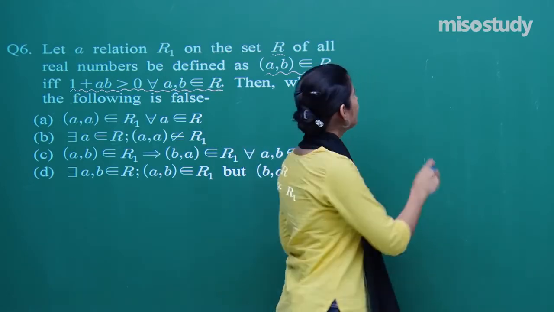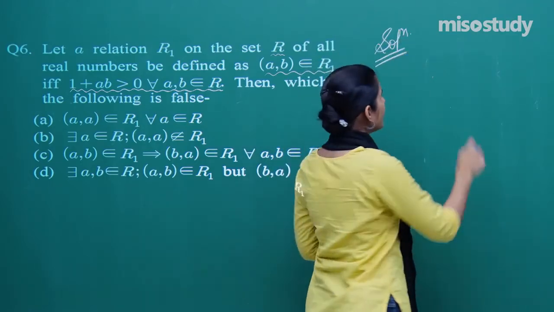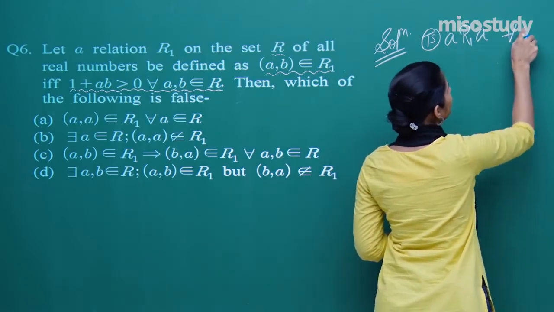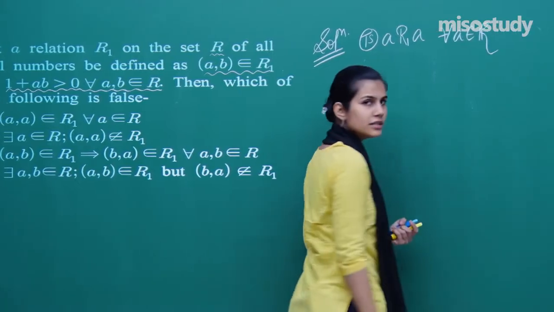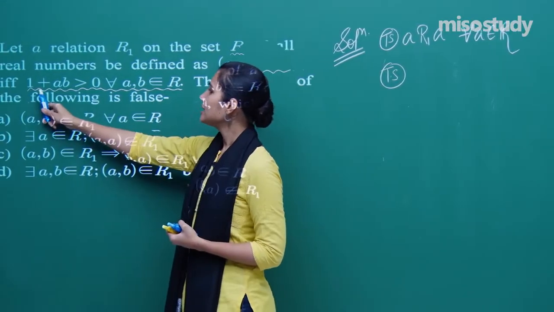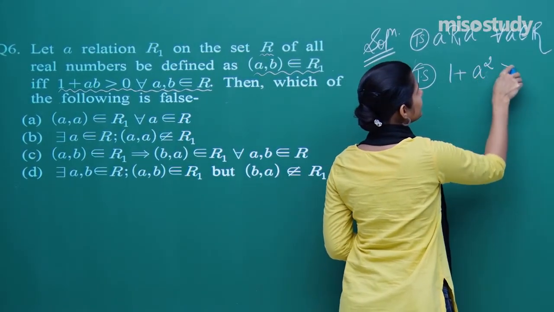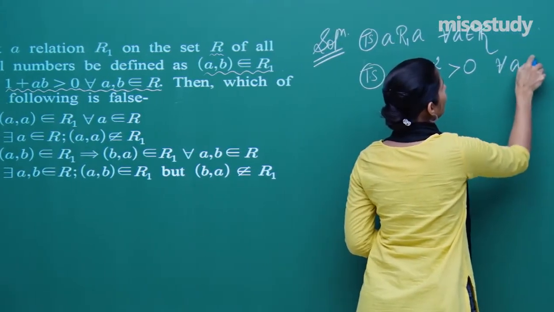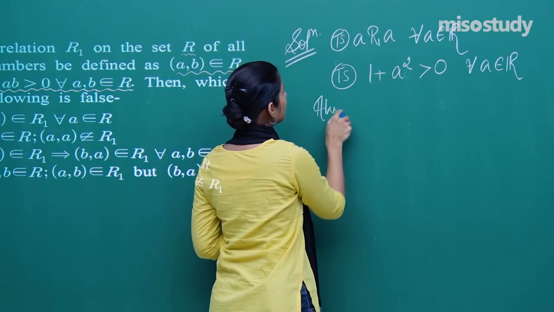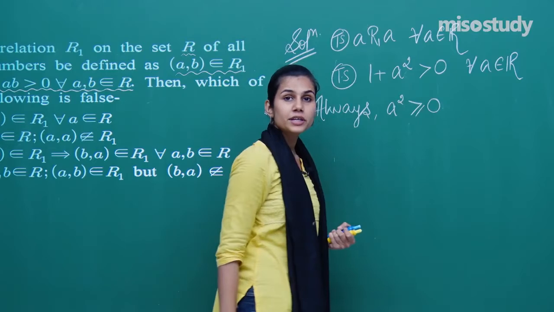Let's try and find out which of these is true. First of all, if I have to show a is related to a under the relation R1 for every a in the collection of all reals, I basically will have to show that 1 plus a into a, that is 1 plus a square, is greater than 0 for all a in R. Now we always know that a square is a non-negative term.